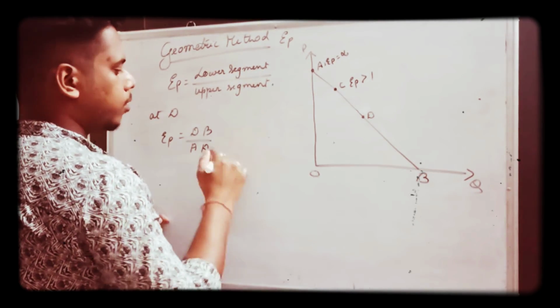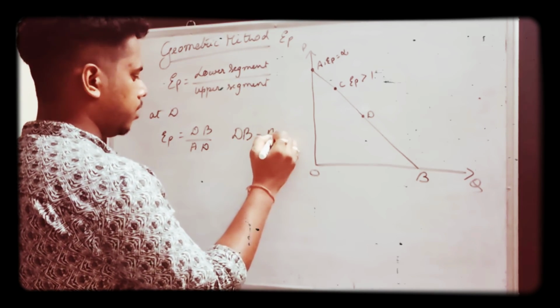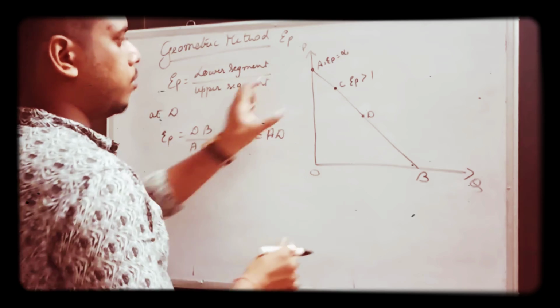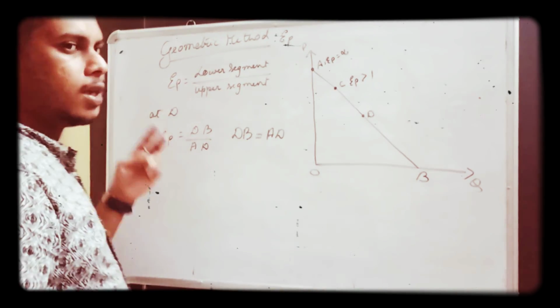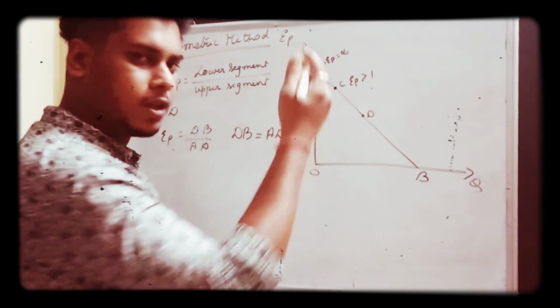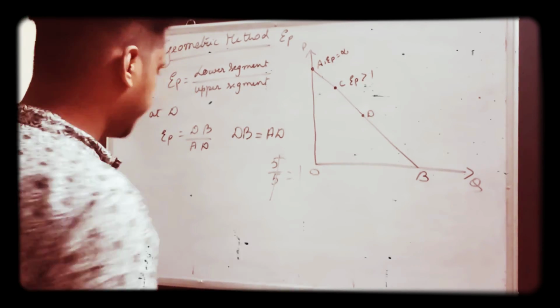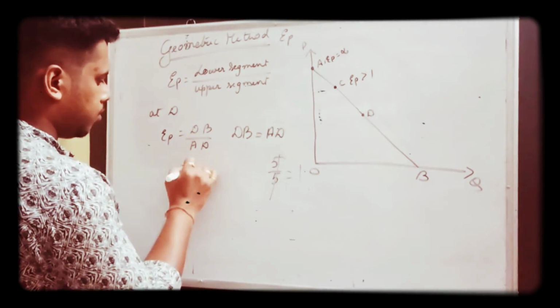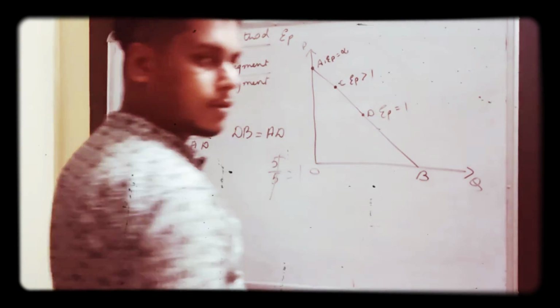By visual observation we can say that DB equals AD. Both distances look similar. If the numerator and denominator are the same, say 5 and 5, then the value would be equal to 1. So at D, the elasticity is equal to 1.